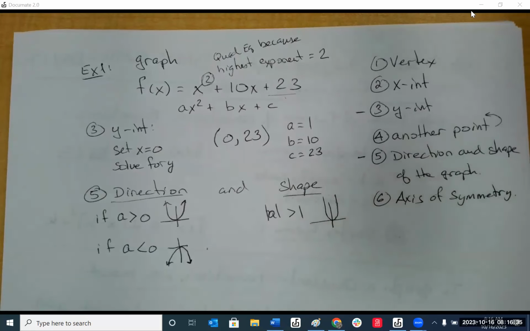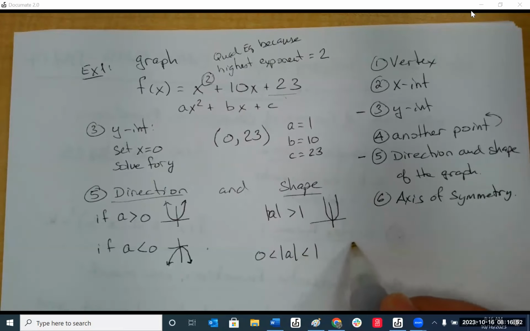It's very skinny. If the absolute value of the leading coefficient is greater than 1, then it's tall and skinny. If the absolute value of a is between 0 and 1, then it's squashed. It's wide.